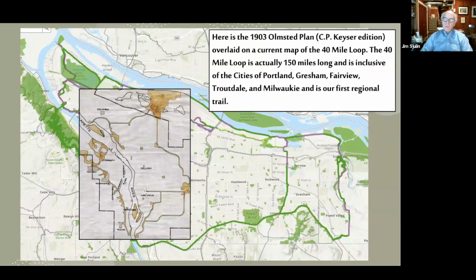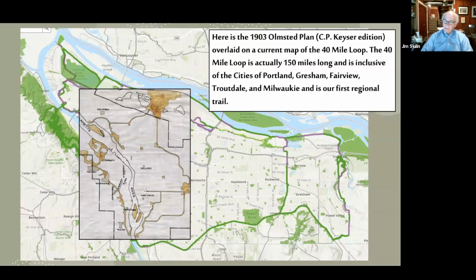And so here we superimpose the Olmsted Plan as it was interpreted by Kaiser onto the 40-mile loop plan, and you can see the relative scale. So my guess is that the current 40-mile loop encompasses probably 5 times the area that the original plan did. And the trail system is actually now 150 miles long and growing.